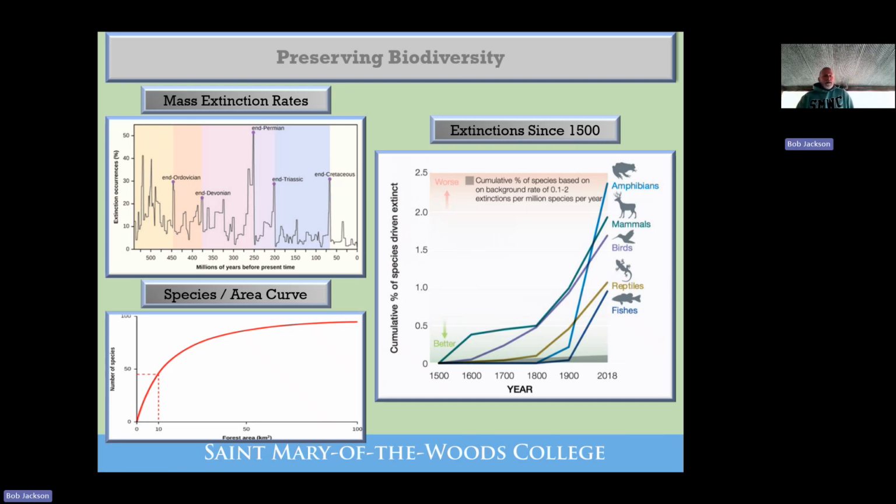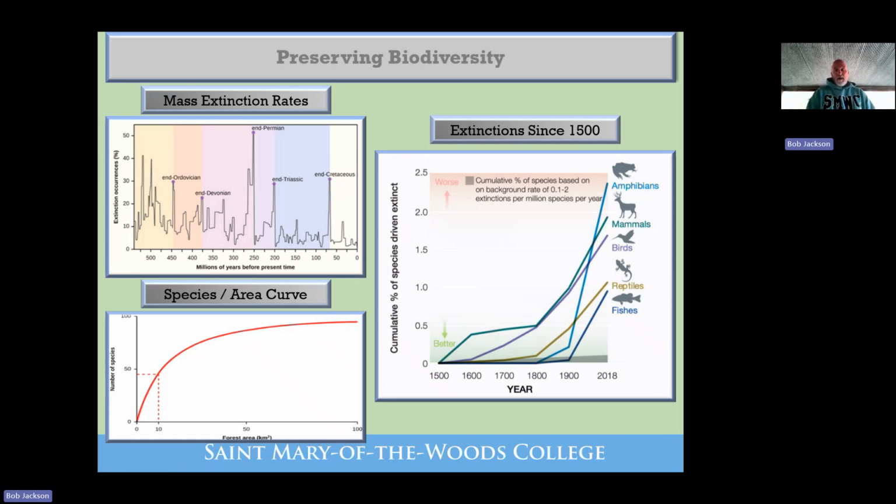Okay, here's just some data where you're looking at extinctions of plants and animals through time. On every one of these, what you see is, as we go through time, which this is showing up to 2018, we've had more and more extinctions of species.